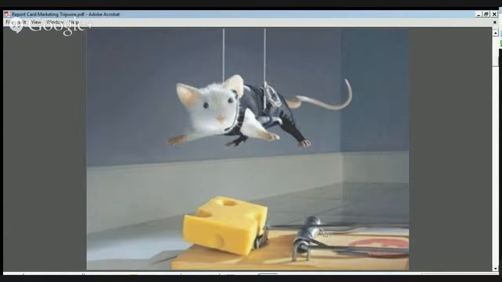As I said in our previous training regarding lead magnets, the same concept applies with tripwires, in that a tripwire has got to be your ideal customer's cheese. What is their cheese? One of my business partners has a new wine sorbet that he's coming out with, and obviously, wine is a wino's cheese, right?